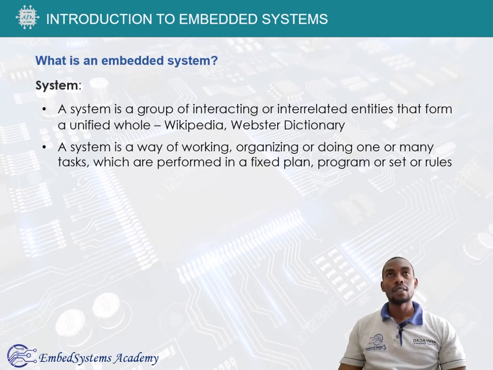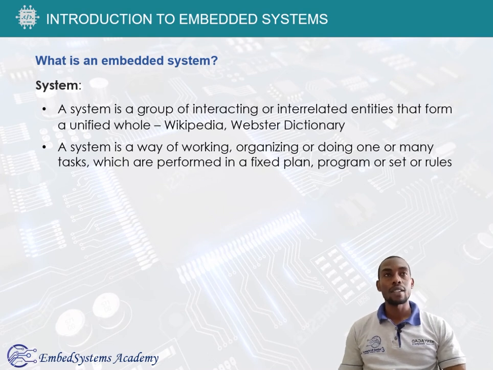A system, according to Wikipedia, is defined as a group of interacting or interrelated entities that form a unified whole. Or as well, you may find this definition somewhere, and it says it's a way of working, organizing, or doing some or many tasks which are performed in a fixed plan or program or a set of rules.